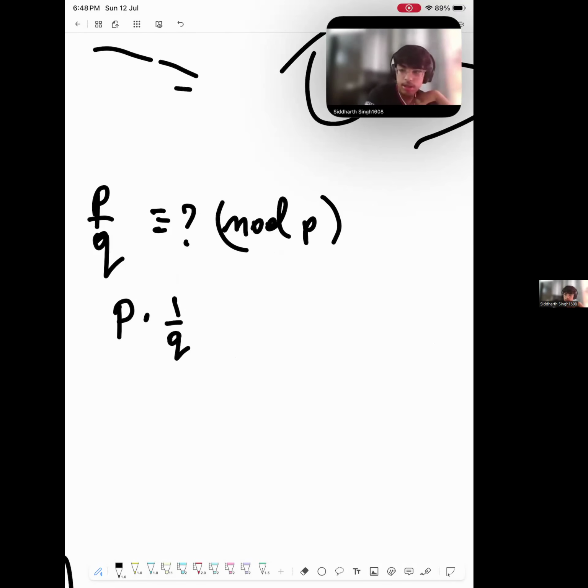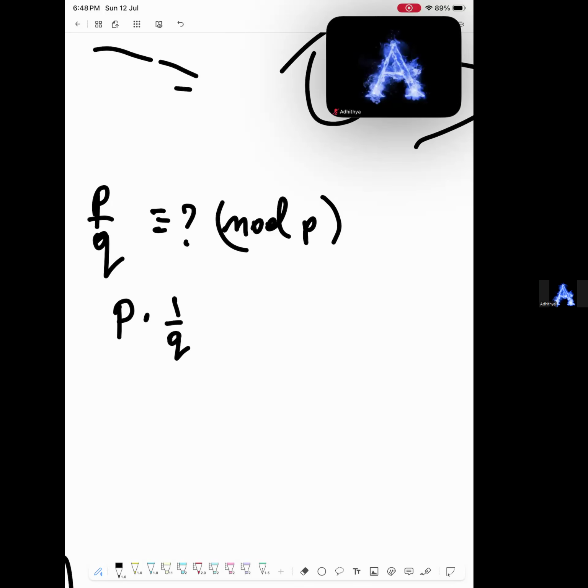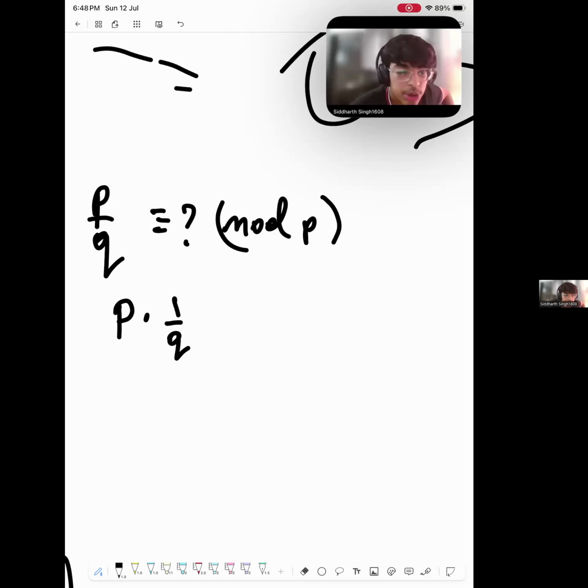But p by q, it necessarily means that p divides it, no? Because p is a prime. This should be congruent to 0, isn't it? Yeah.